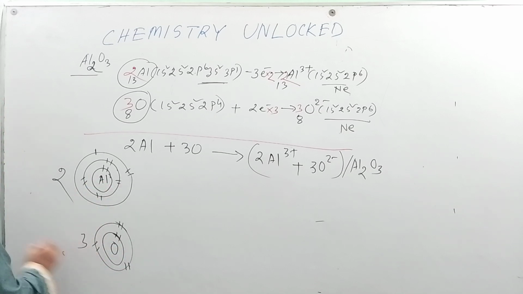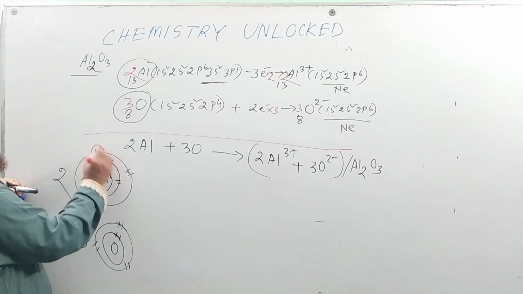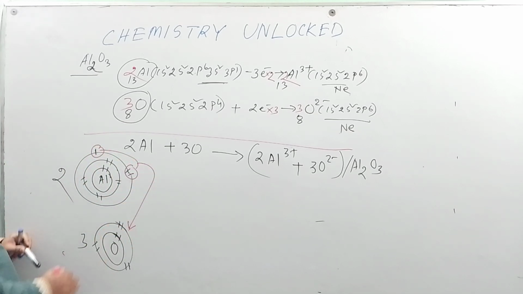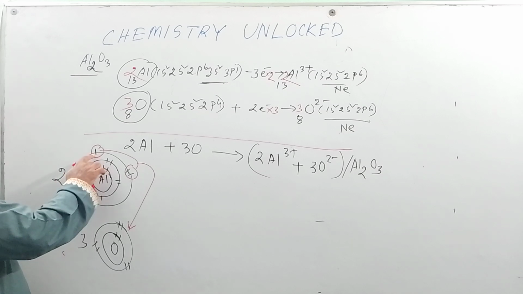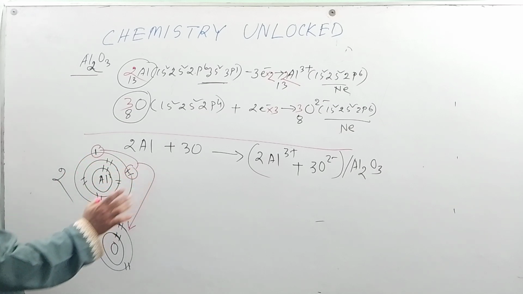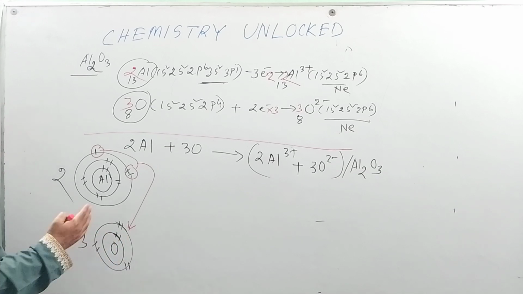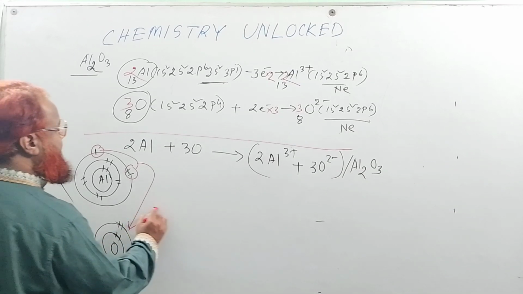Here number of oxygen is 3. So 1 aluminium will donate these 3 electrons, so 2 aluminium will donate 6 electrons. 1 oxygen will receive 2 electrons, but 3 will receive a total of 6 electrons.